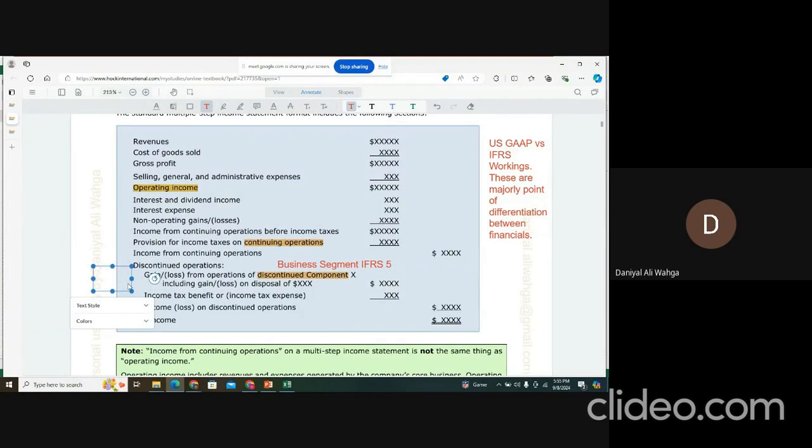My profit or loss during the year, segment earned.